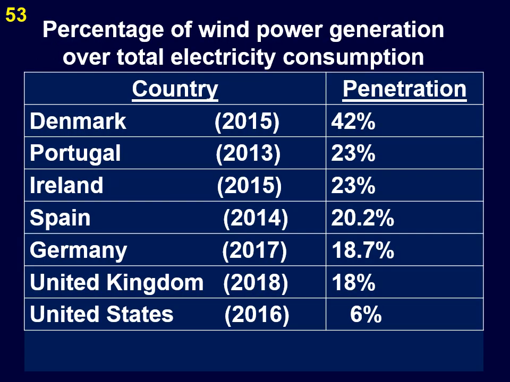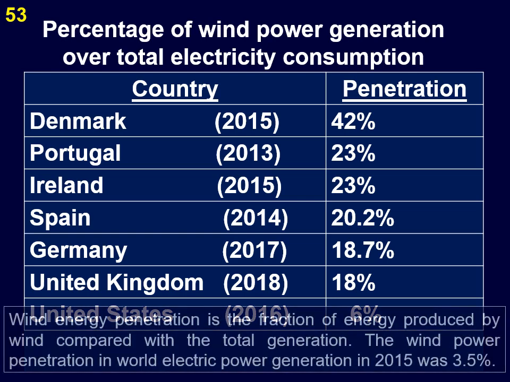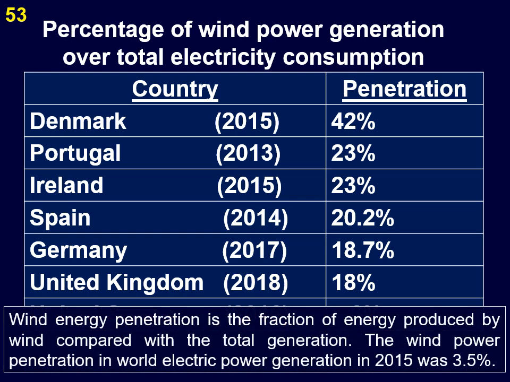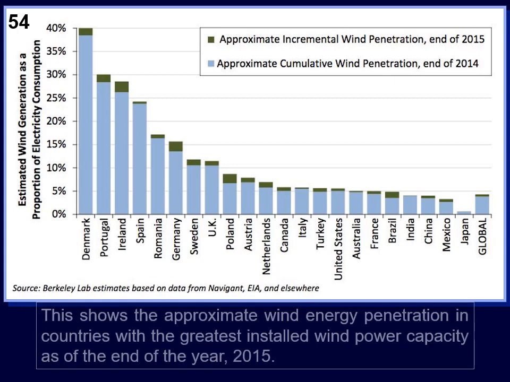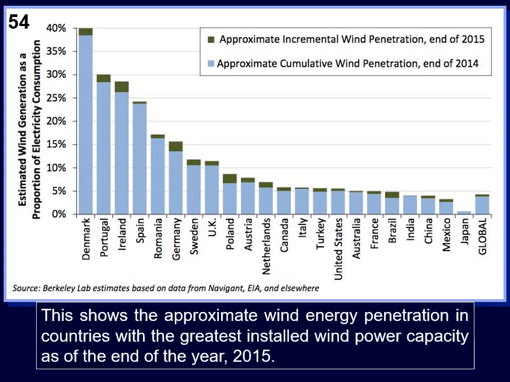Wind energy penetration is the fraction of energy produced by wind compared with the total generation. The wind power penetration in world electric power generation in 2015 was 3.5%. This shows the approximate wind energy penetration in countries with the greatest installed wind power capacity as of the end of the year 2015.